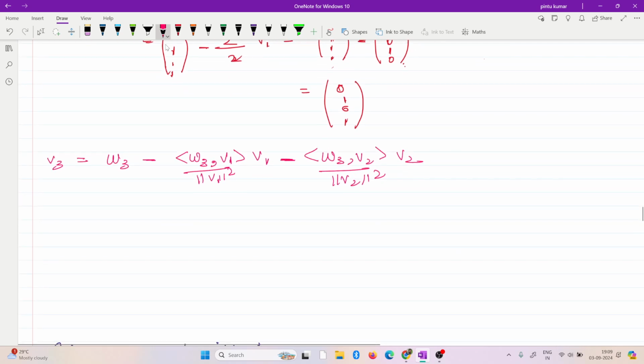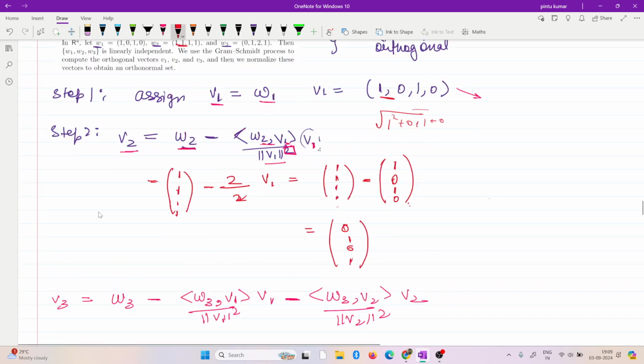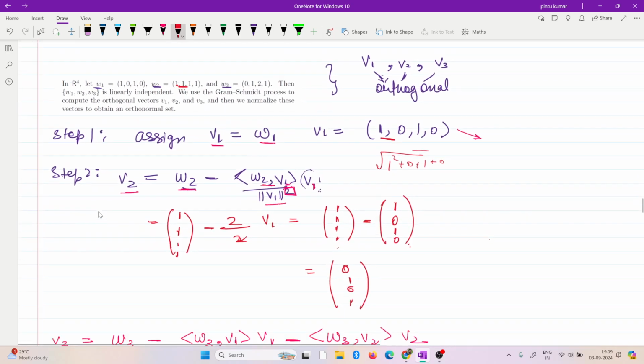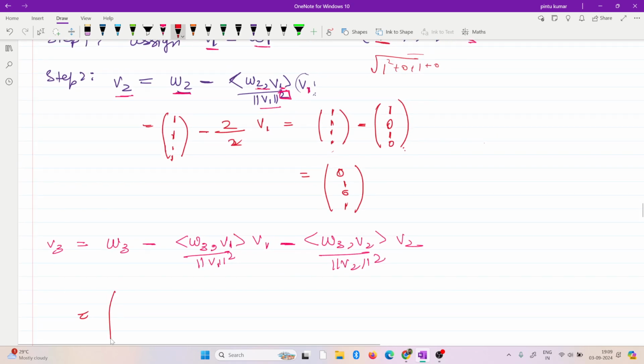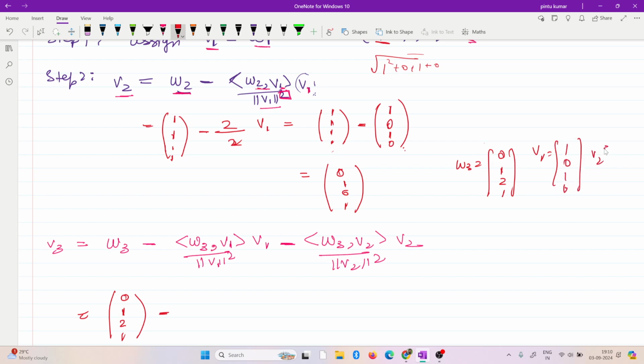Okay, so let's solve this. W3 is given by 0, 1, 2, 1. So this is 0, 1, 2, 1 minus W3's dot product with V1, which is given by 1, 0, 1, 0, and V2, which is given by 0, 1, 0, 1.